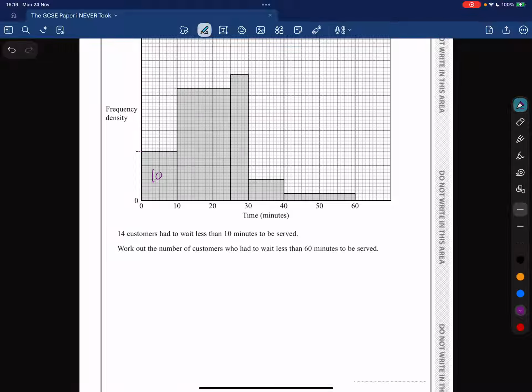So if you're 1, you're 2, you're 3.2. Yeah, 3.2. And then what I'm going to do is work out the area of all of it first. So 10 times 1.4, 14. Oh, interesting.